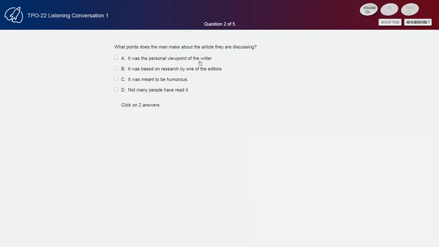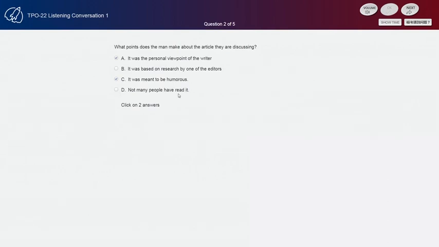So it was editorial viewpoint, and it was her decision to make that kind of conclusion there. It was based on research by one of the editors. No, not really. It was much more like satirical. So it wasn't something that was really serious. C, it was meant to be humorous. Yes, it was satirical, so it means it was humorous.